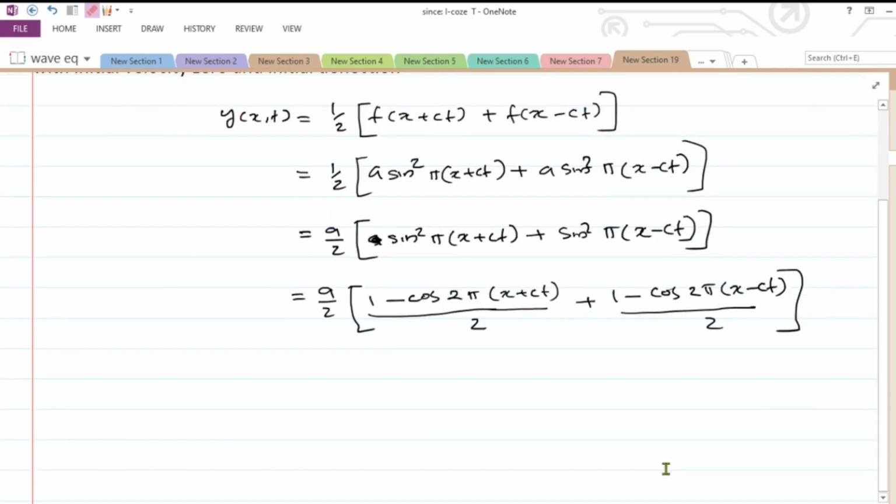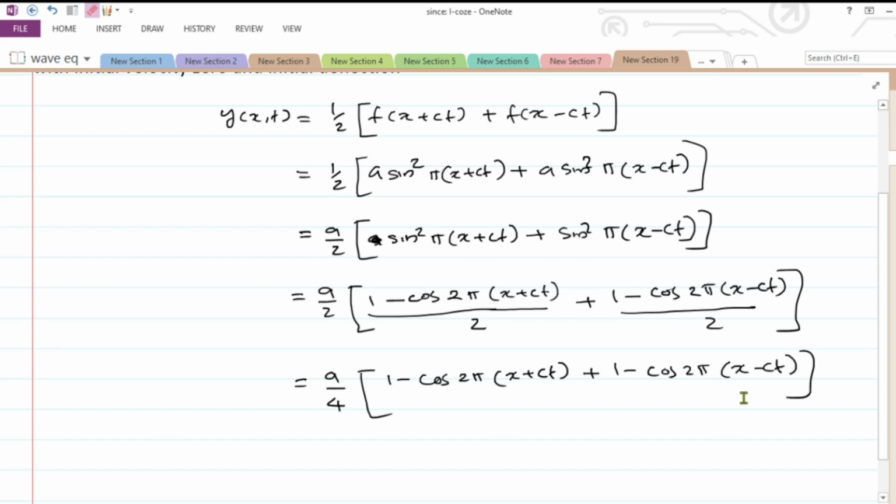Now we will simplify this. We take 4 which is common, we take that outside, so this is equal to a by 4 into 1 minus cos 2 pi into x plus ct, plus 1 minus cos 2 pi into x minus ct. Now we can go one more step forward.